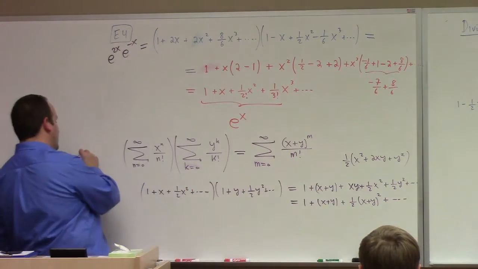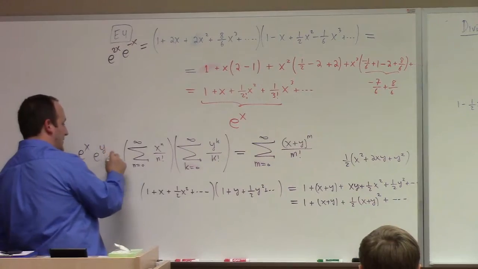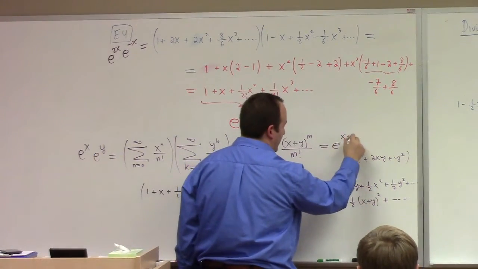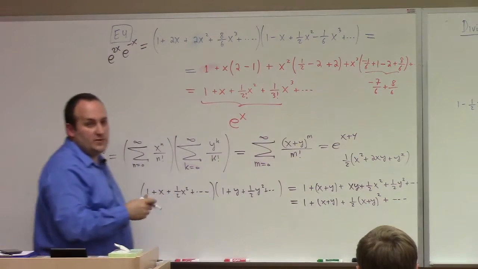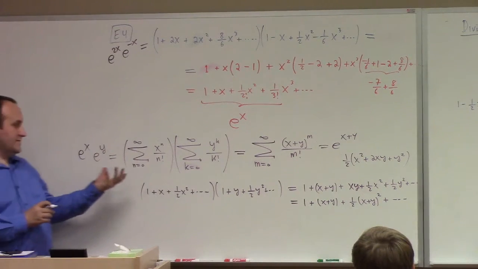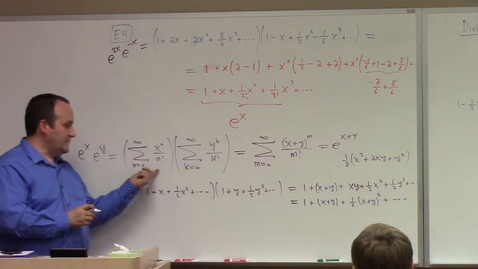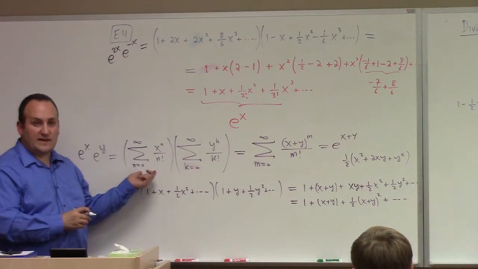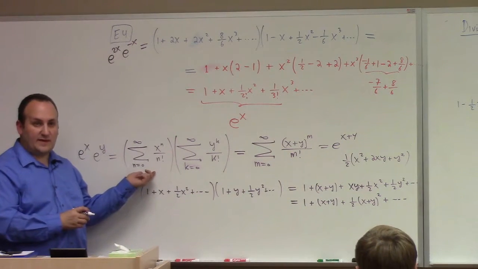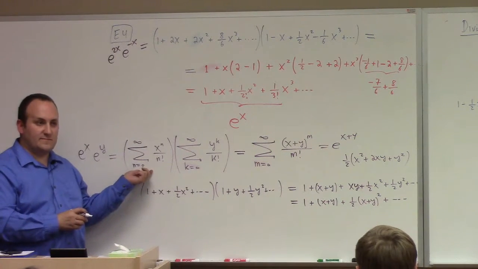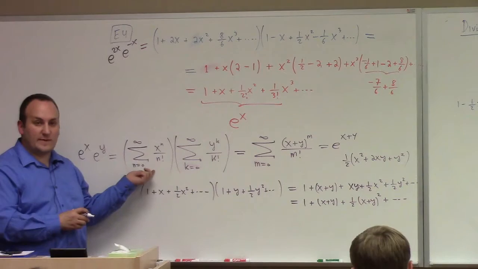So in other words, e to the x times e to the y is this, and that's equal to e to the x plus y. You can prove properties of the exponential using series. If you defined the exponential to be the function with this power series, which is what a lot of people do, this is taken to be the starting point for the exponential, this gives you a concrete calculational way of manipulating the exponential and proving things about it.